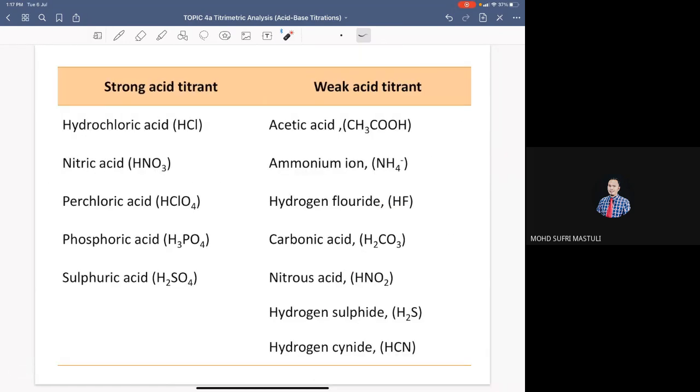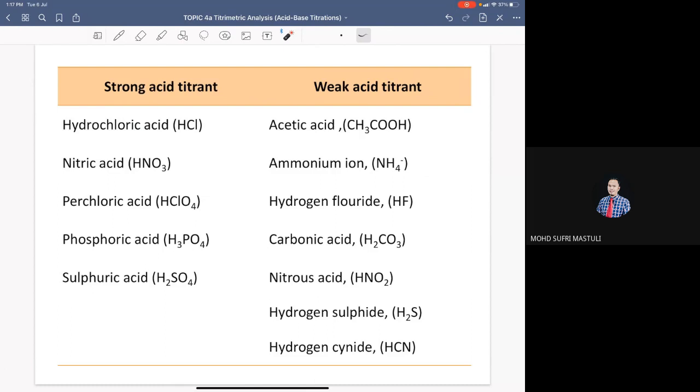So we have a few options of strong acid titrants or weak acid titrants, listed in the table. Strong acid titrants are hydrochloric acid, nitric acid, perchloric acid, HClO4, and sulfuric acid.